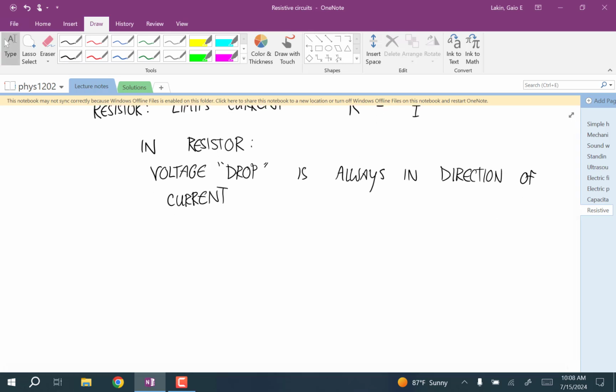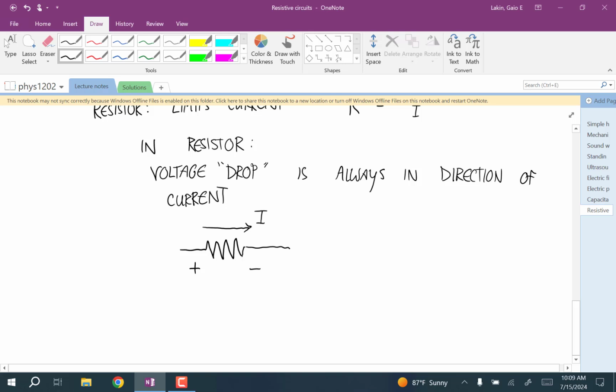Okay, so if you have a resistor like this, this is the schematic symbol for a resistor, and you know that current is flowing this direction through the resistor, then you know that the polarity of the voltage is positive on this side and negative on this side.